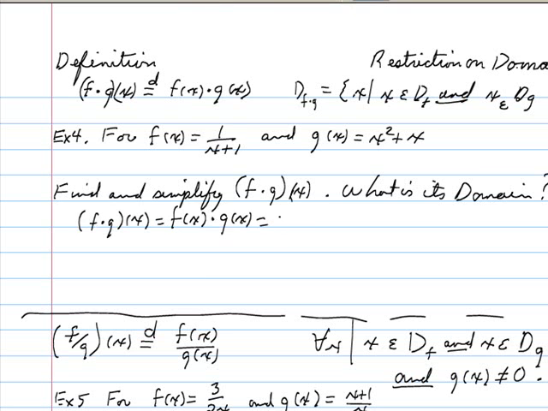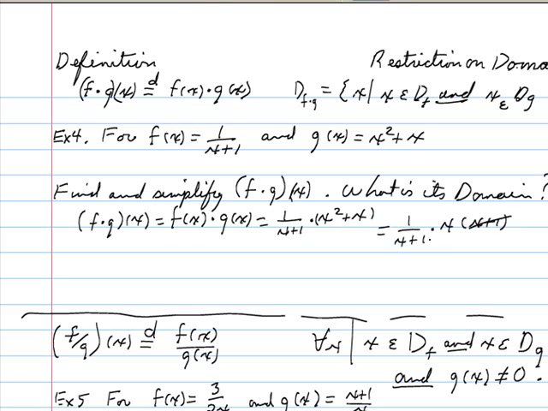F of x in this case is 1 over x plus 1 times g of x, which is x squared plus x. Now, x squared plus x factors into x times x plus 1. So we could write this as 1 over x plus 1 times x times x plus 1.